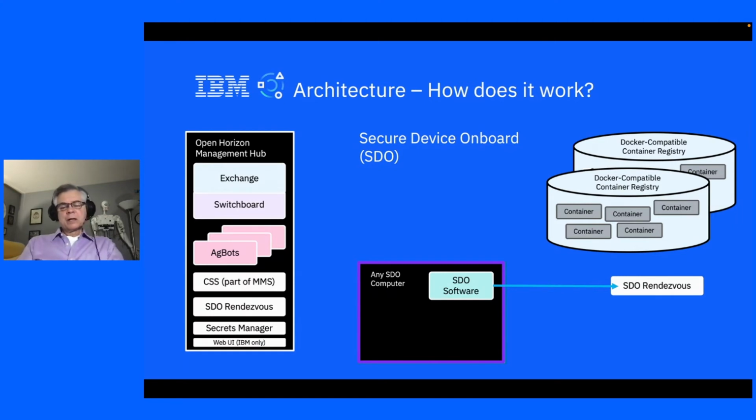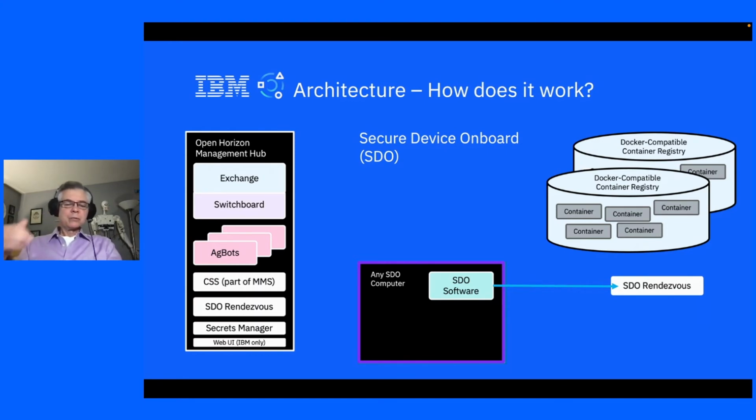And it knows, because the exchange has told it what software to install on the computer and how to configure it for this particular management hub, and also what role this computer will have within the IBM Edge Application Manager, and that is specified by policy.